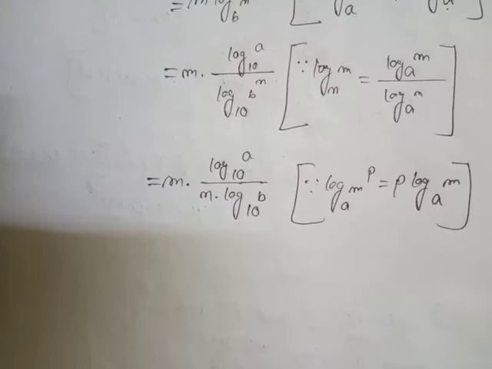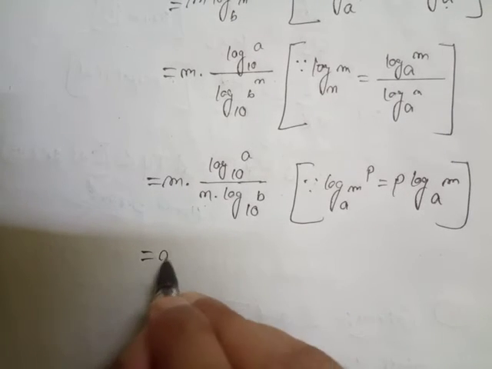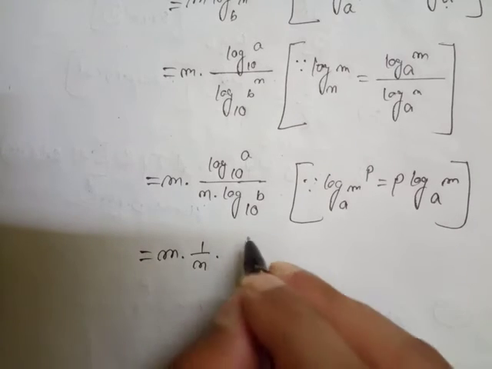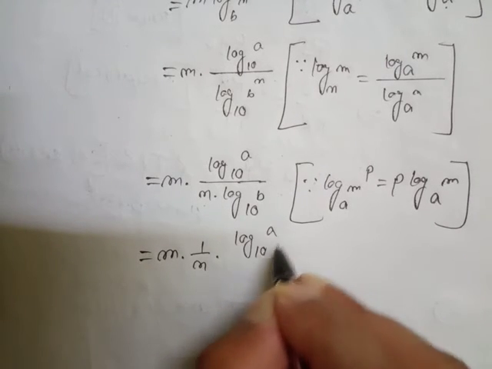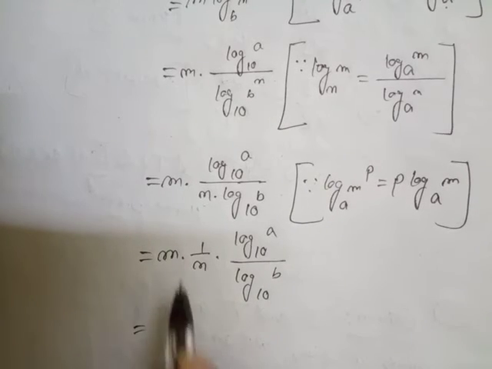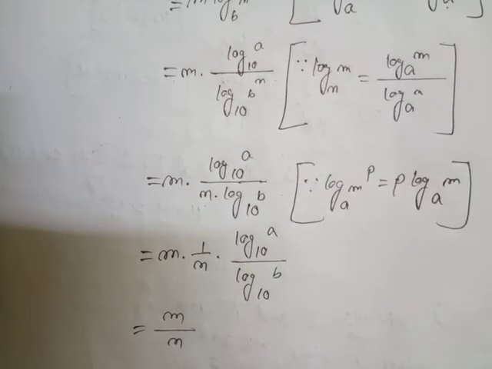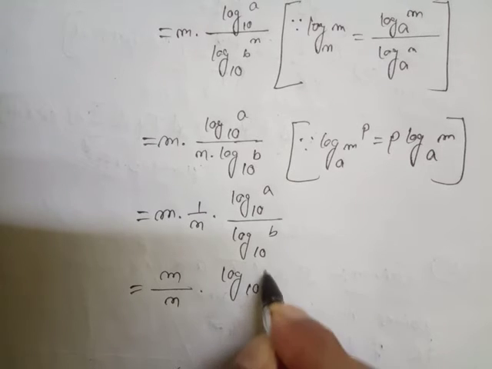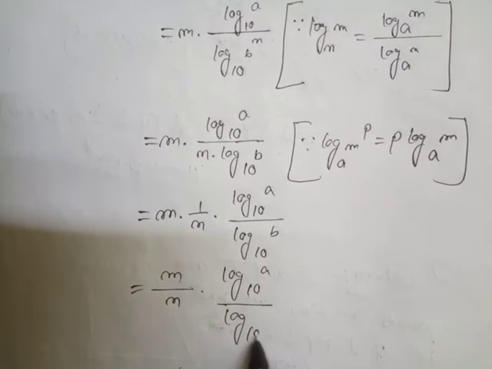Now if I split up m into 1 by n, then log 10 a and log 10 b. Now if I multiply, there is m by n, and this value is log 10 a over log 10 b.